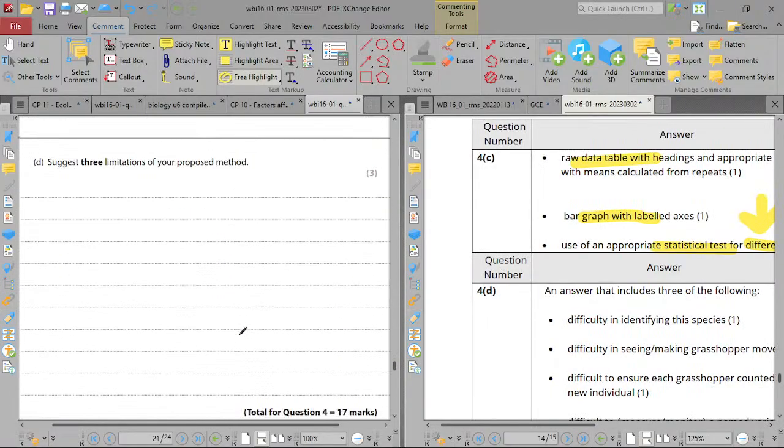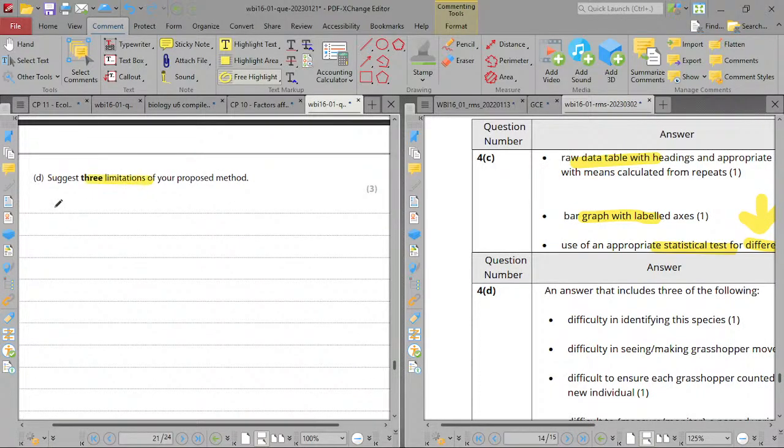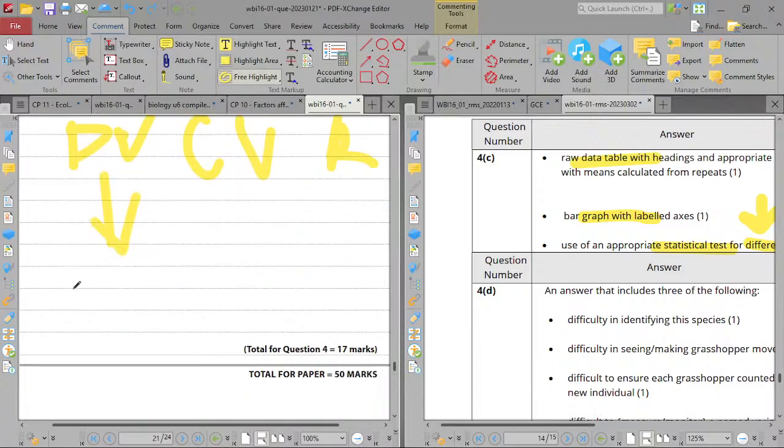Then limitations. So remember, dependent variable, control variable, and result. So result should be fine. Maybe actually no. Maybe we're scaring off the insect, so we're disturbing it. It's not going to be the same if it was completely natural. For the dependent variable, it's hard to count, hard to distinguish the grasshopper, hard to see the grasshopper, or not all grasshoppers will be counted.